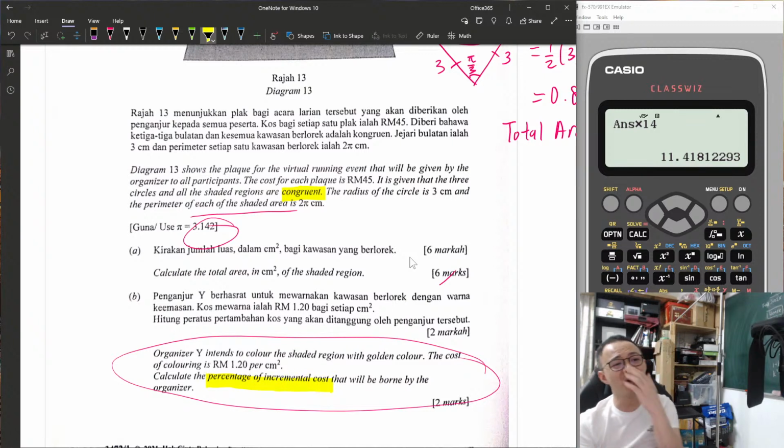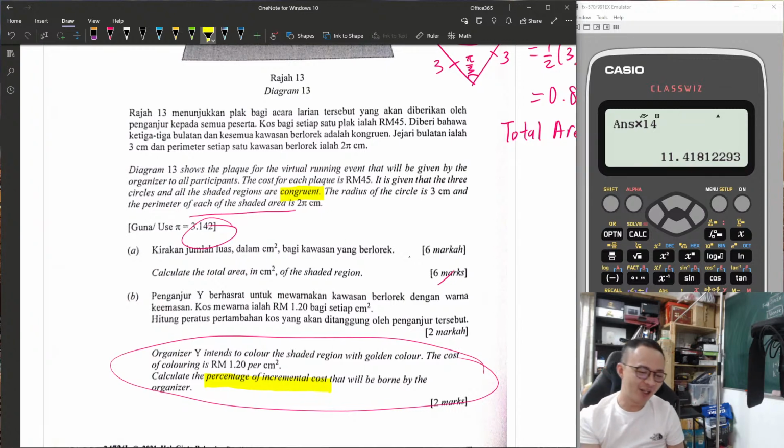So basically what the question is trying to say is, because the original is 45 ringgit, if I want to make the shaded region a gold color, how much more percentage of money do I need to pay?